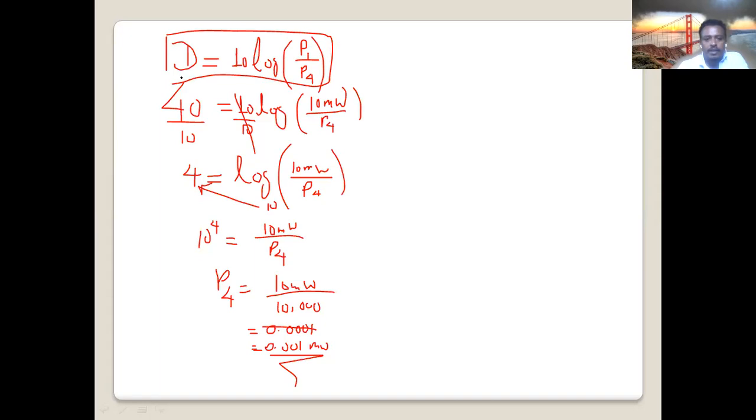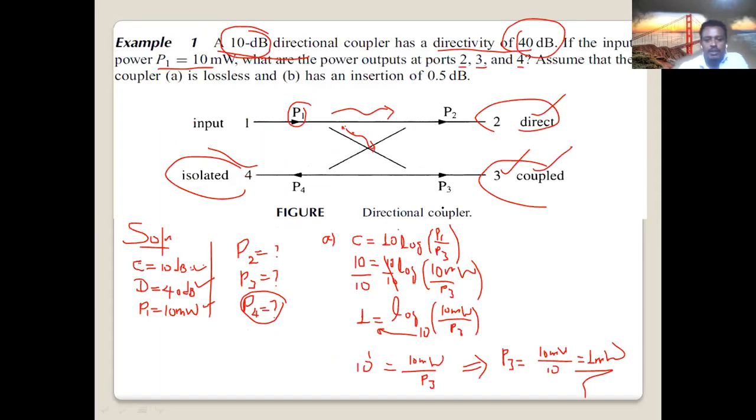It compares P1 with P4. C compares what? C compares P1 with P3. Both P3 and P4 are coupled, but P3 is the right direction, P4 is the wrong direction. We need all the sampled signal going to P3 only, but there is small leakage, unwanted coupling in the wrong direction, P4.